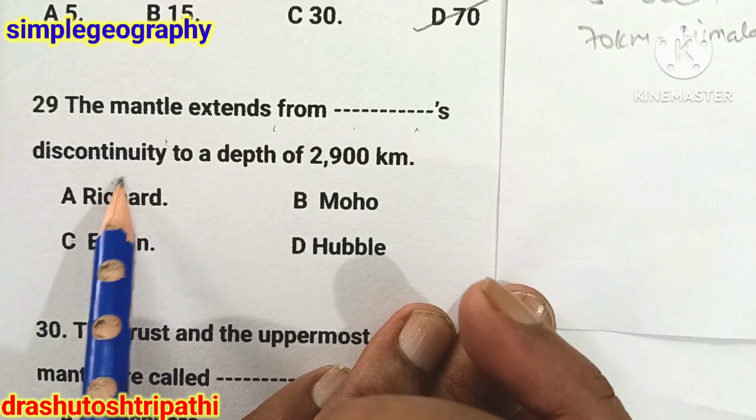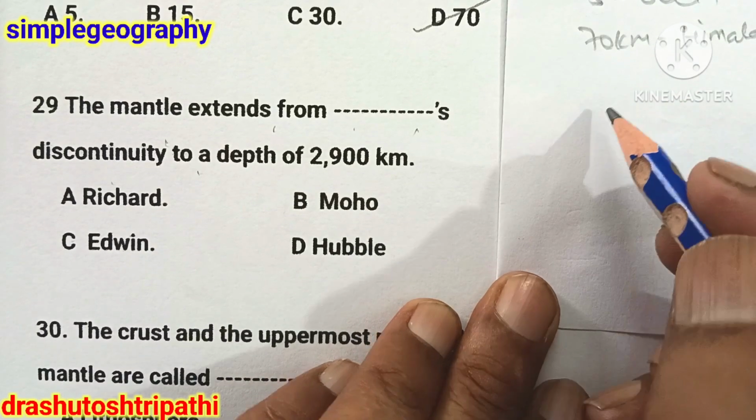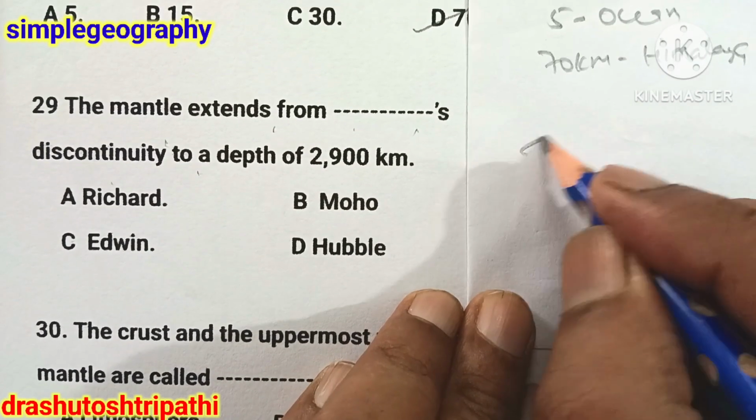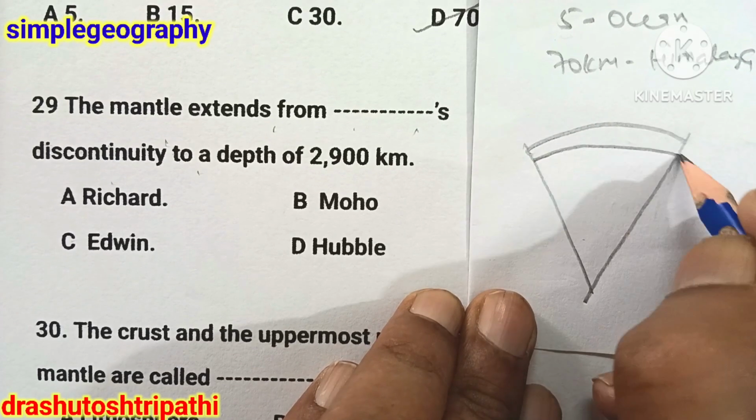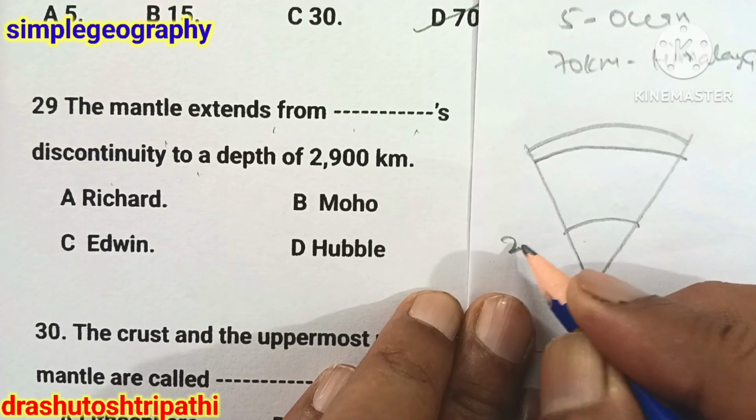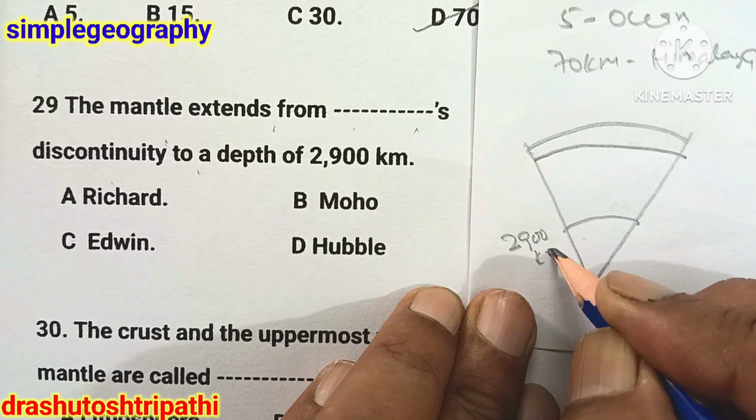Extend from dash discontinuity to a depth of 2900 kilometer. Now see this diagram. This is the interior of the earth: that is the crust, and that is the mantle, and it is about 2900 kilometer.